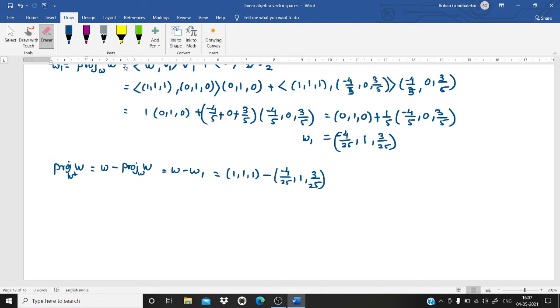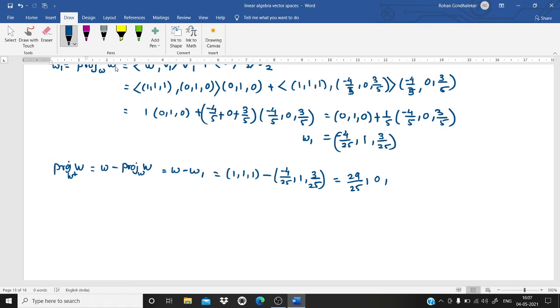Okay. So this is 1 minus of minus, that becomes plus 4 by 25, which is 25 into 1, 25 plus 4, that is 29 by 25, comma 1 minus 1 is 0, comma 1 minus 3 by 25.